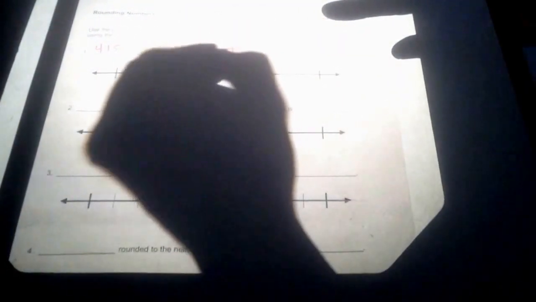So we're going to take a number like 415, and we're going to round to the nearest 10. The first thing that we need to figure out is what the closest 10s are. The closest 10 on the left-hand side would be 410.